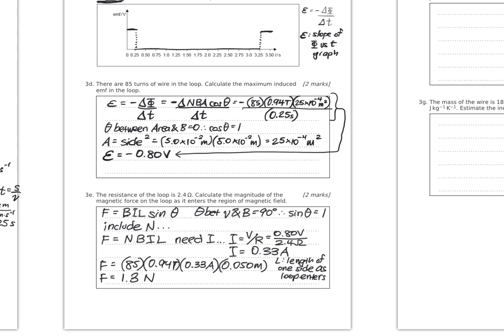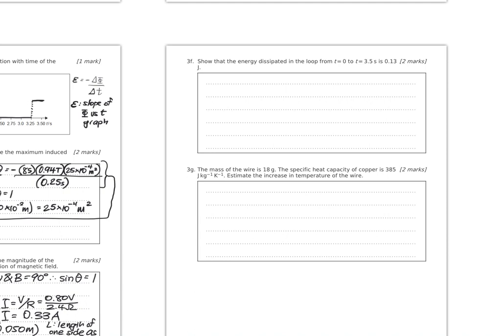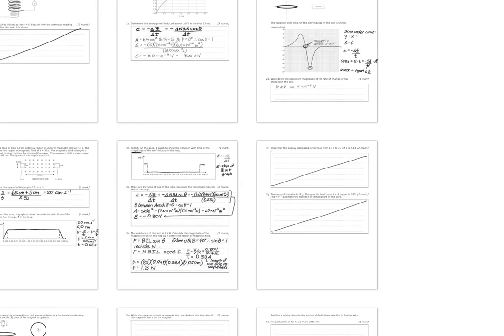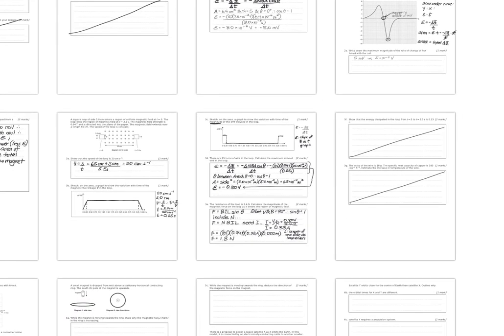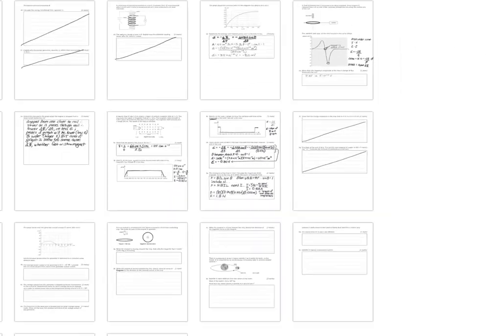And so we throw all of that together, multiply it up, and we get 1.3 newtons for our force. And then 3F and 3G deal with energy and temperature, and we're not going to worry about that right now. I just want to focus on the 11.1 stuff. So that's the end of 3.